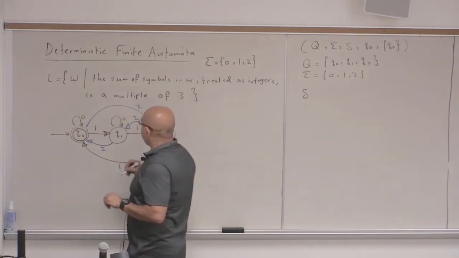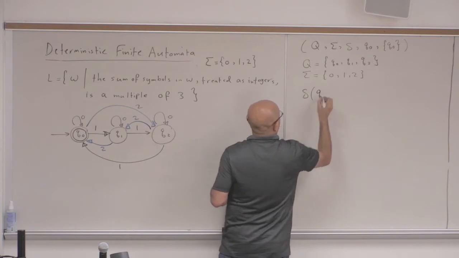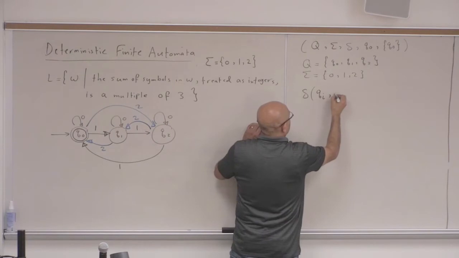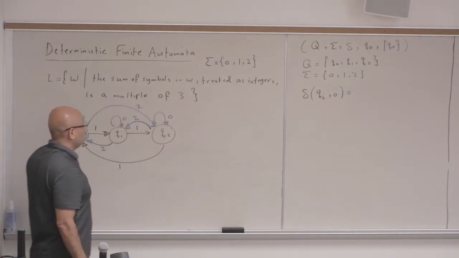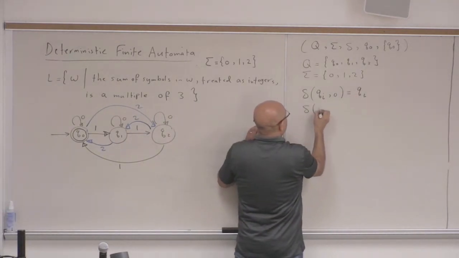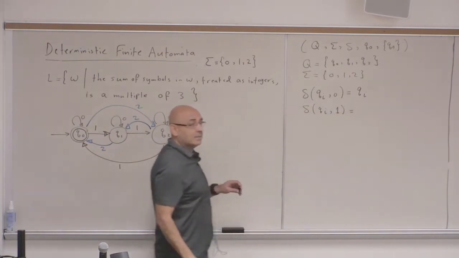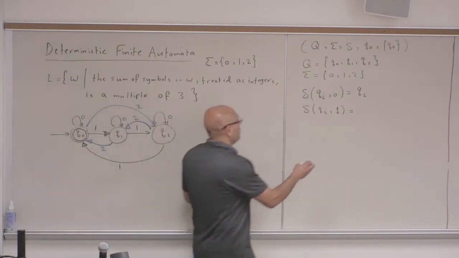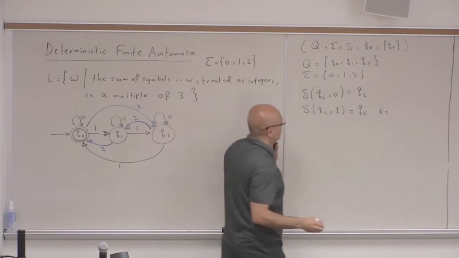So delta of a given state Qi and 0 equals Qi. Delta of a given Qi and 1 equals Qk, where k equals what?